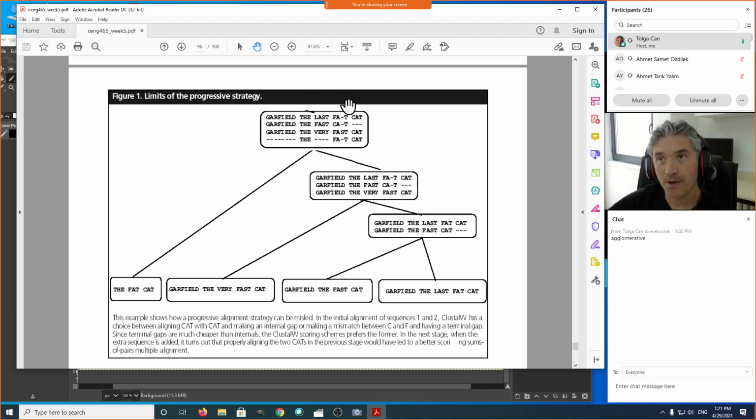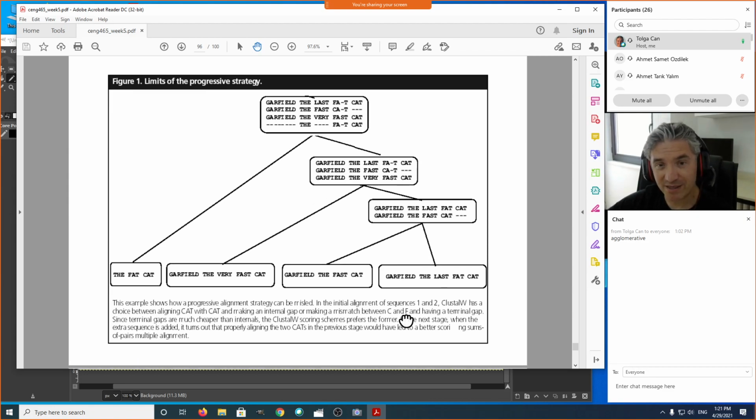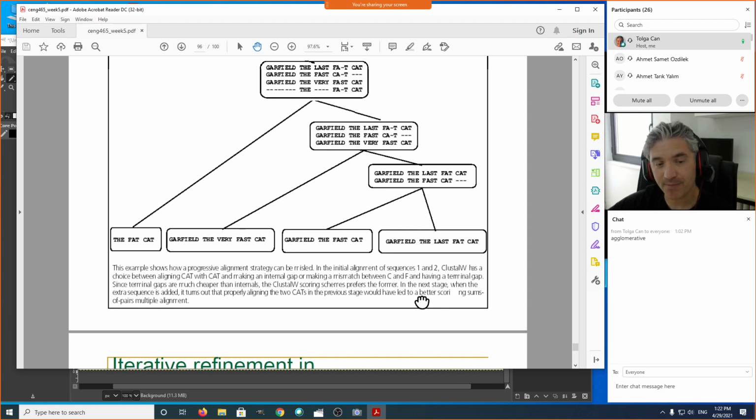So this is like we first do hill climbing, and then we try to look at the neighboring hills, whether there's a better score there or not. For example, if this cat you see is moved 3 to the right, it will have a perfect match with the other 3 sequences. So there are iterative methods, or these methods which randomly make certain changes and search and see whether the alignment gets better or not.